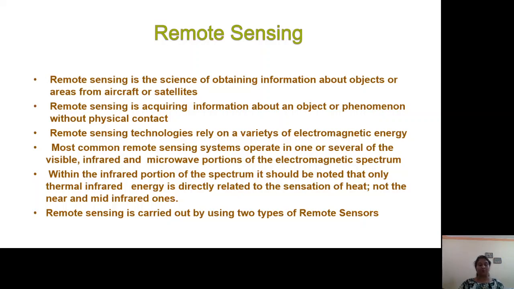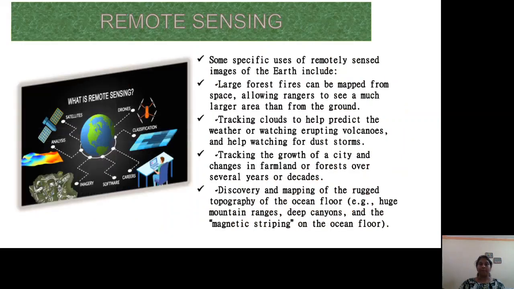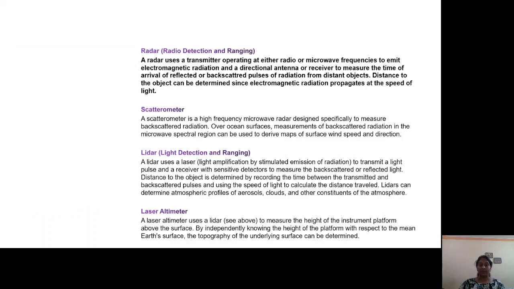Two types of sensors are basically used in remote sensing. The first are the active sensors. In this, the types are, first, radar, radio detection and ranging.